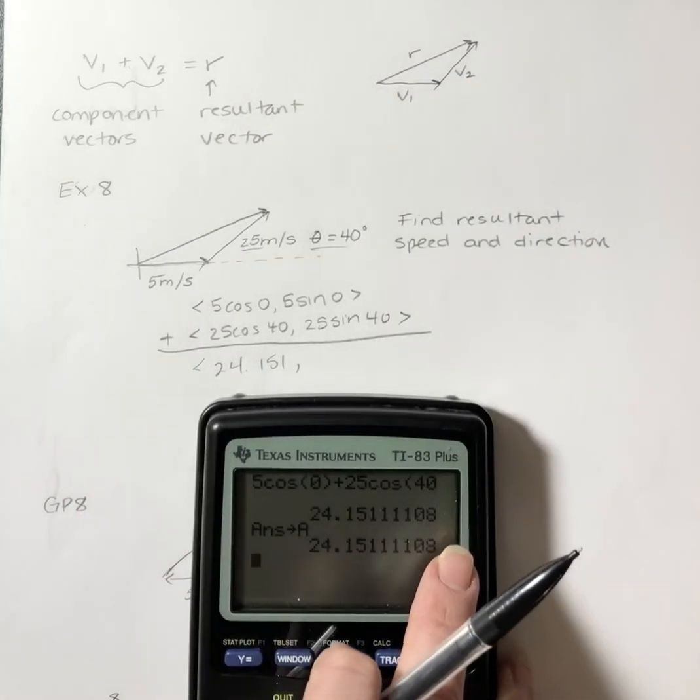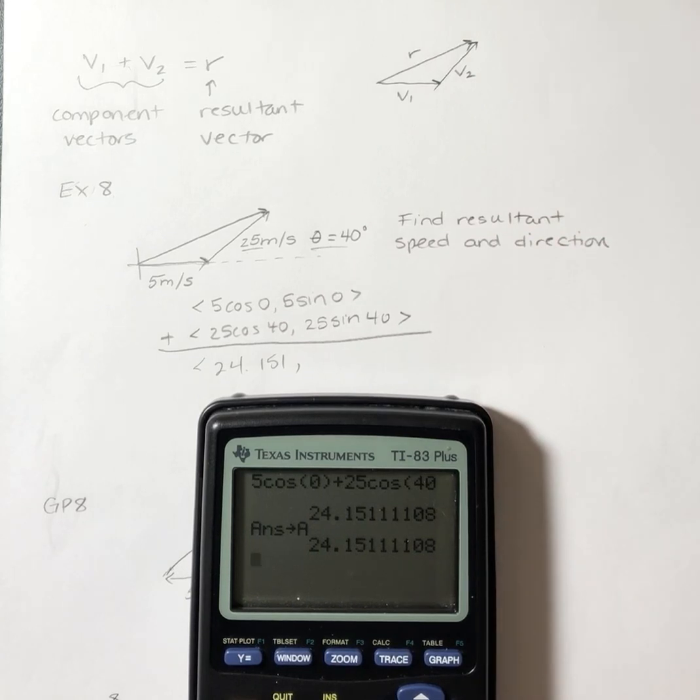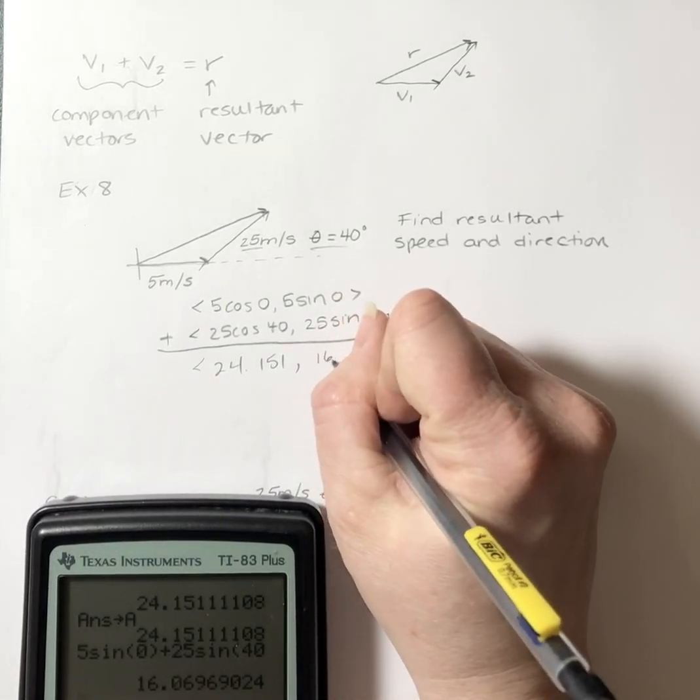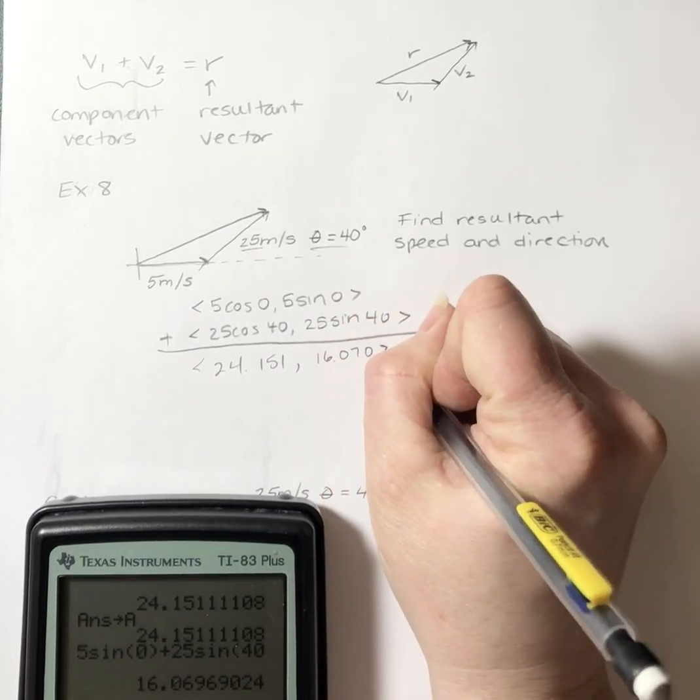And then to find my y component, I do 5 sine of 0, make sure you close that, plus 25 sine of 40. And so this is approximately 16.070.